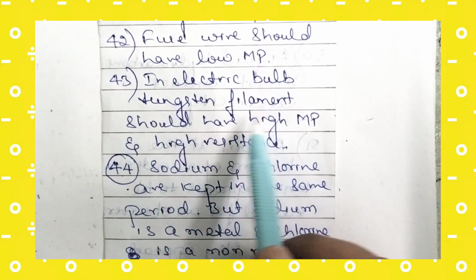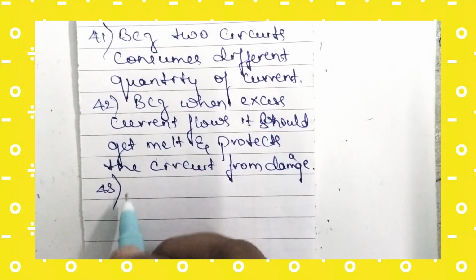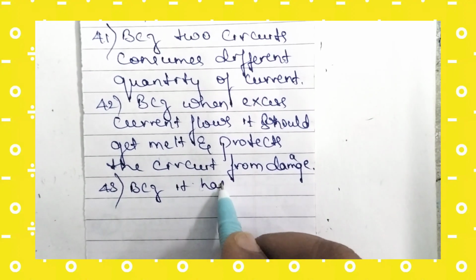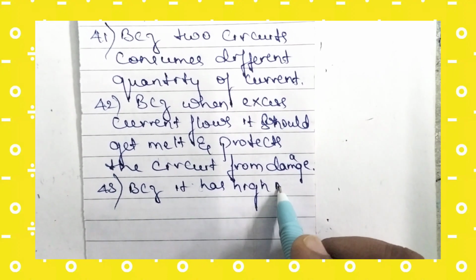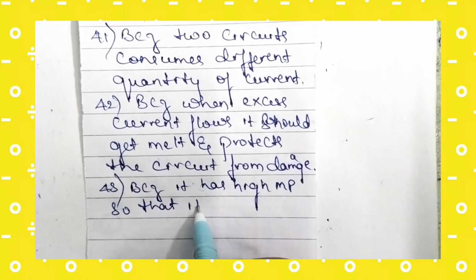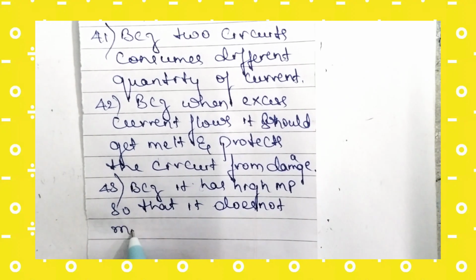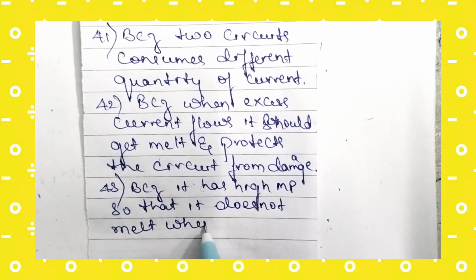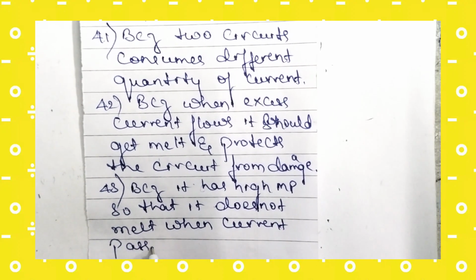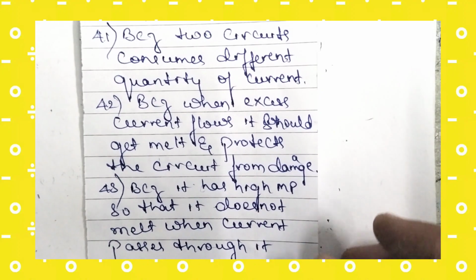In an electric bulb, tungsten filament should have high melting point and high resistance. Because it has high melting point, it does not melt when current passes through it. That is why it has a high melting point.